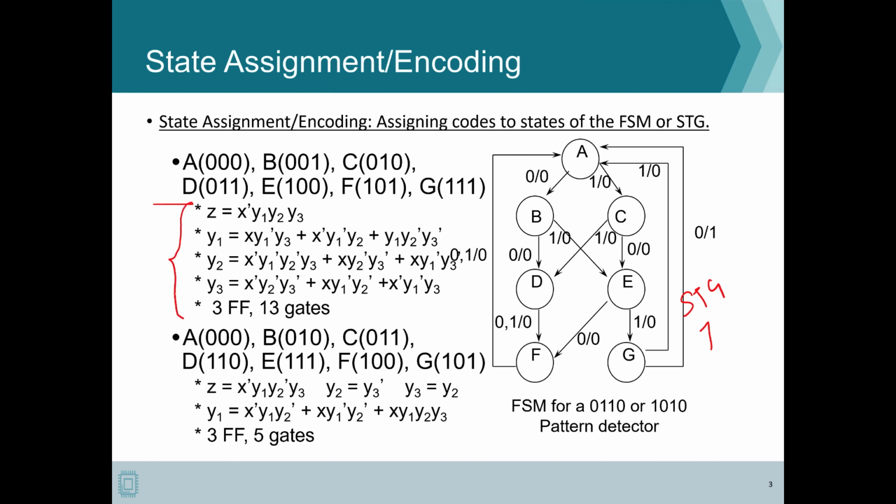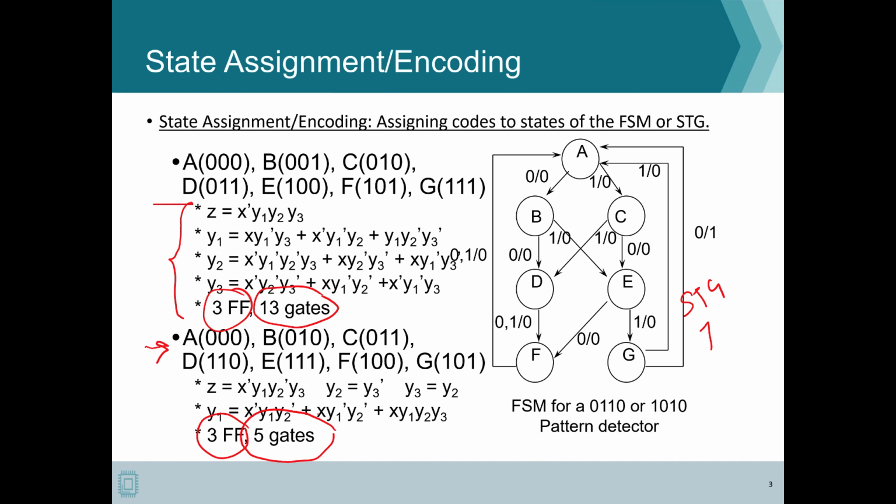And so here you can see that our design requires, because it has 7 states, 3 flip-flops and 13 gates. So if we actually assign something different, so here you can see our second assignment is shown here, then you can see that again, because it still has the 7 states, we will still need 3 flip-flops, but the total number of gates to implement our FSM becomes only 5.